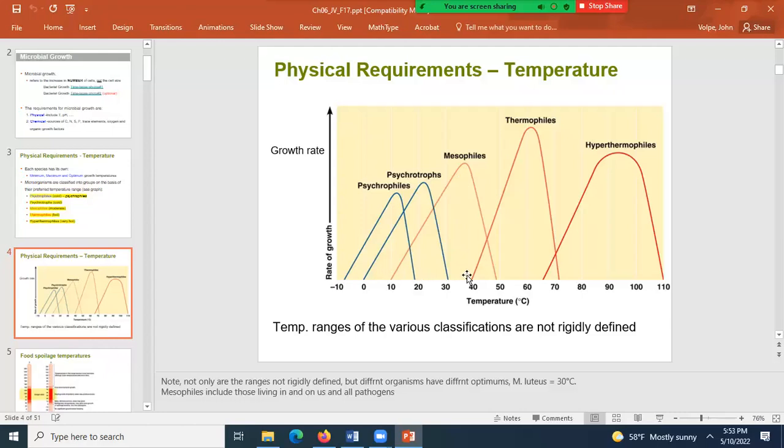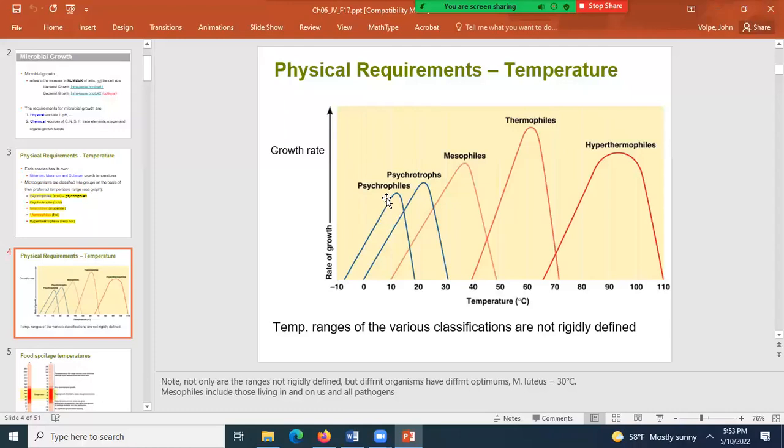And the range also varies for the minimum temperature a species will grow, and then the maximum temperature a species will grow. The point is that this graph is not rigidly defined. Any question about that? For example, this shows that psychrophiles can grow down to -10 degrees Celsius.